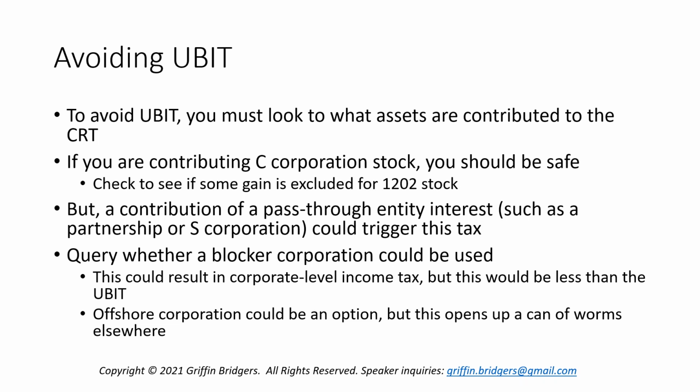Now, you could use an offshore corporation, which could be tax-free in certain circumstances, but that's going to open up its own can of worms elsewhere in terms of reporting and everything else, so it may not always be the best option either. But either way, you might want to look to whether you have a corporation to begin with, and if not, whether you could use a blocker corporation.